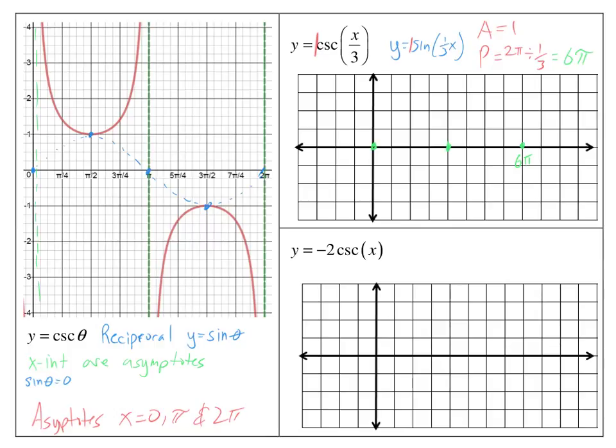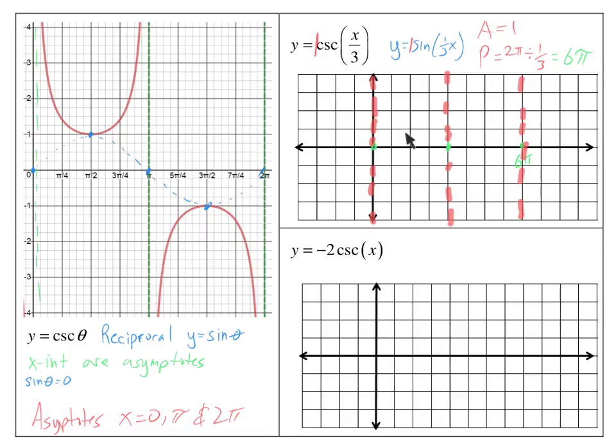Now, isn't that where my asymptotes are going to be? Yes. That is where my asymptotes are going to be. So I have an asymptote right here, an asymptote right here, and an asymptote right there. Next, what's going to happen between these for sine?